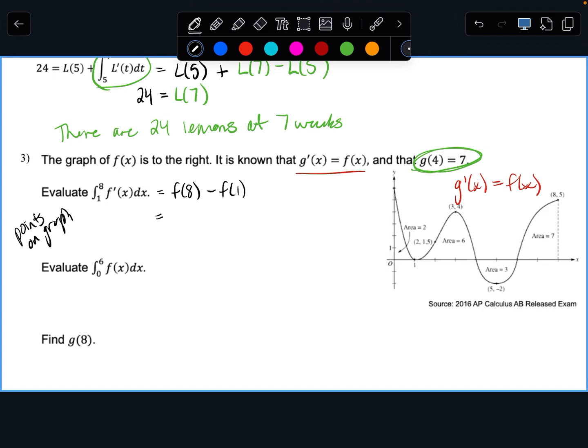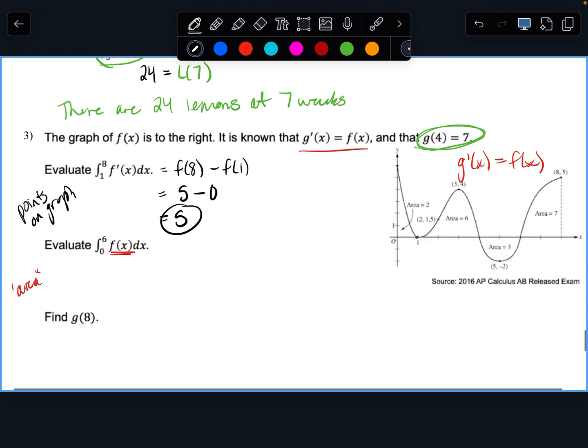So f of 8 is 5, and f of 1 is 0, so the answer is 5, right? Whereas in a different question like this one, you're going to have to do area because you're given actual f. So this is an area problem because you're doing the area under the curve integral. So just being careful with notation, basically.